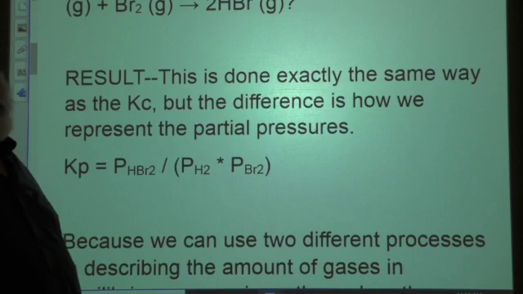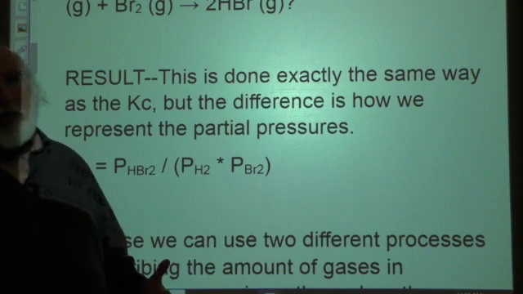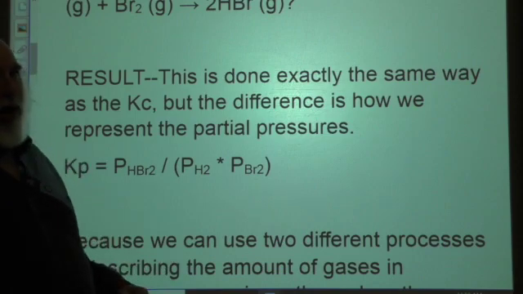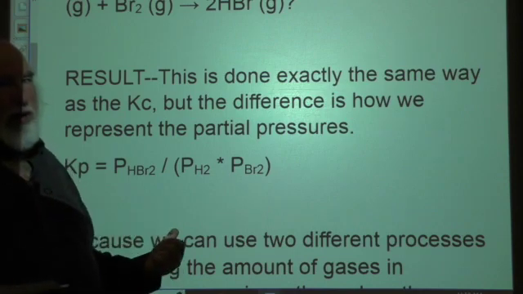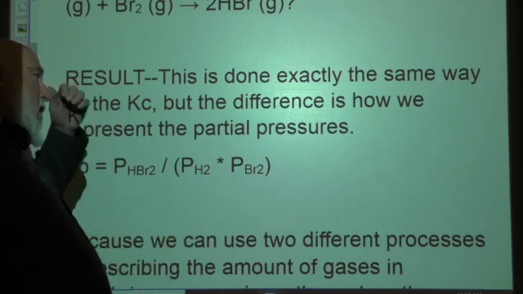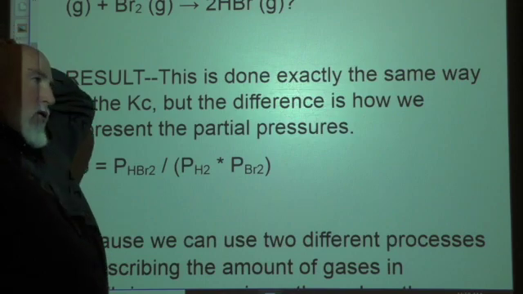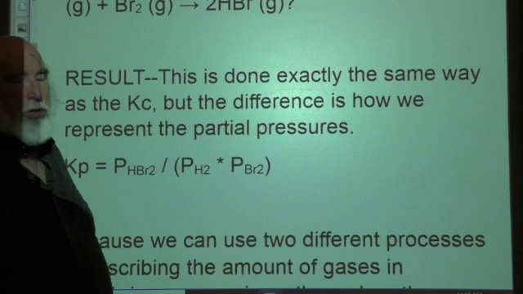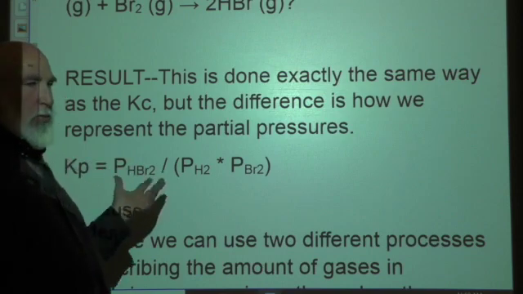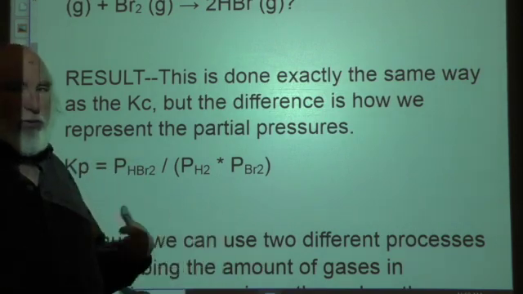What is not so easy, at least in the way that we derive it, is the relationship between Kp and Kc. And what I mean by that is that if you have an all-gas reaction, you can use Kc, like I said, in terms of concentration in moles per liter, or you can use pressure, or you can go back and forth between the two.